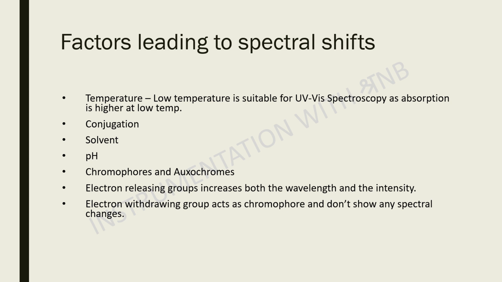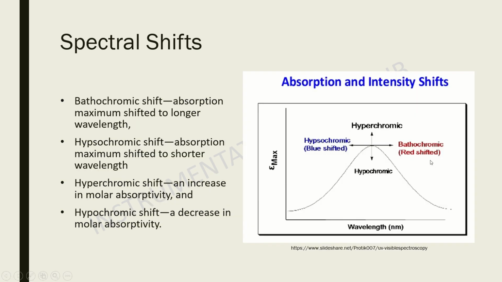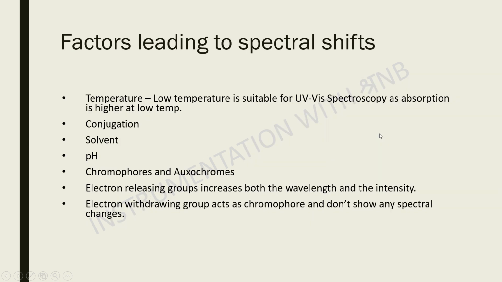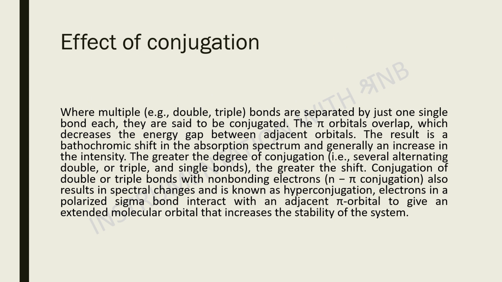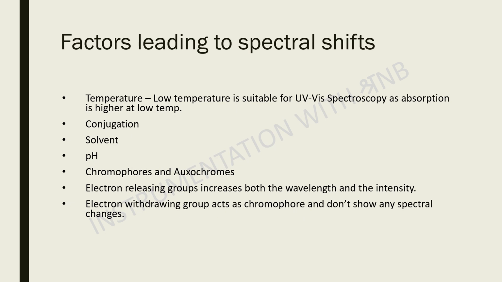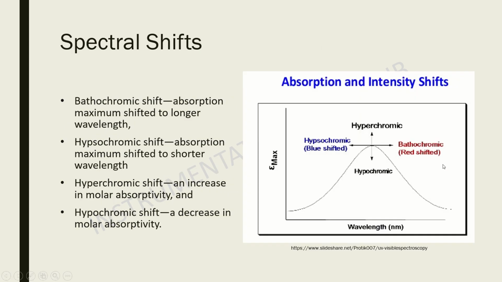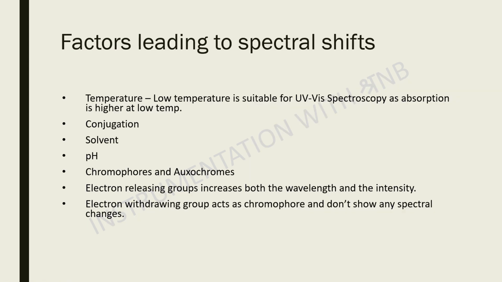Thus, they lead to the bathochromic and hyperchromic shift. Electron withdrawing groups act as chromophores and do not show any spectral changes; acting as chromophores, they would lead to a very little bathochromic shift.